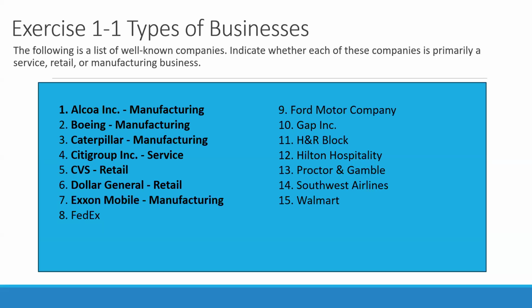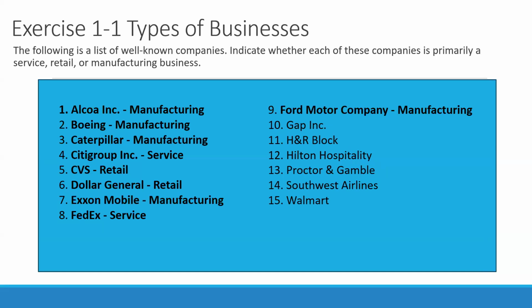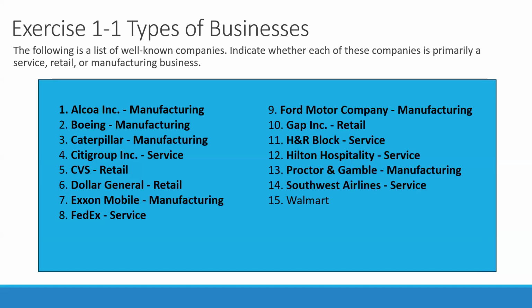Yep. That'd be manufacturing. Getting raw oil and then turning it into gasoline and things like that. FedEx, Ford, Gap, yep. H&R Block, Hilton, Procter and Gamble, and then Southwest, and we got Walmart.